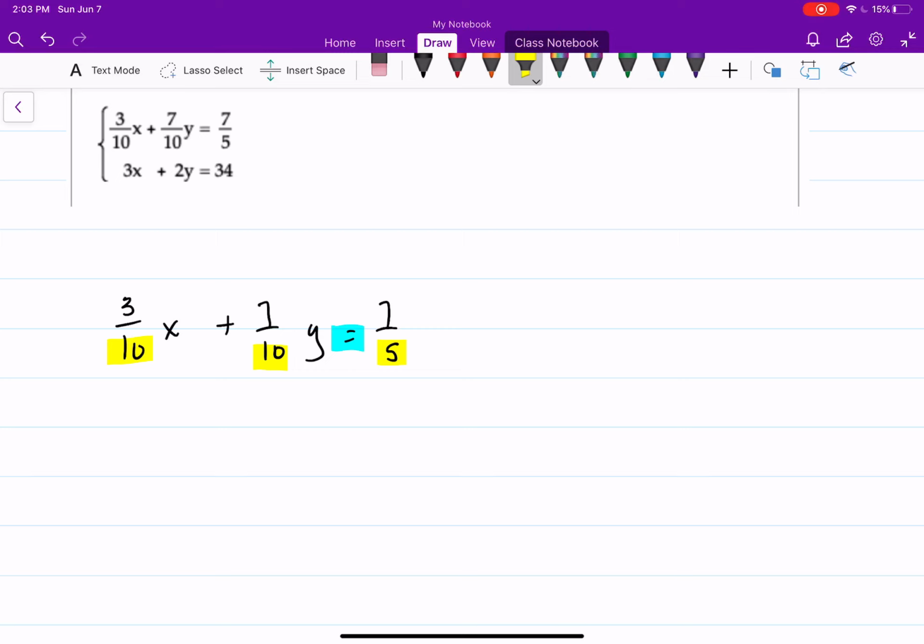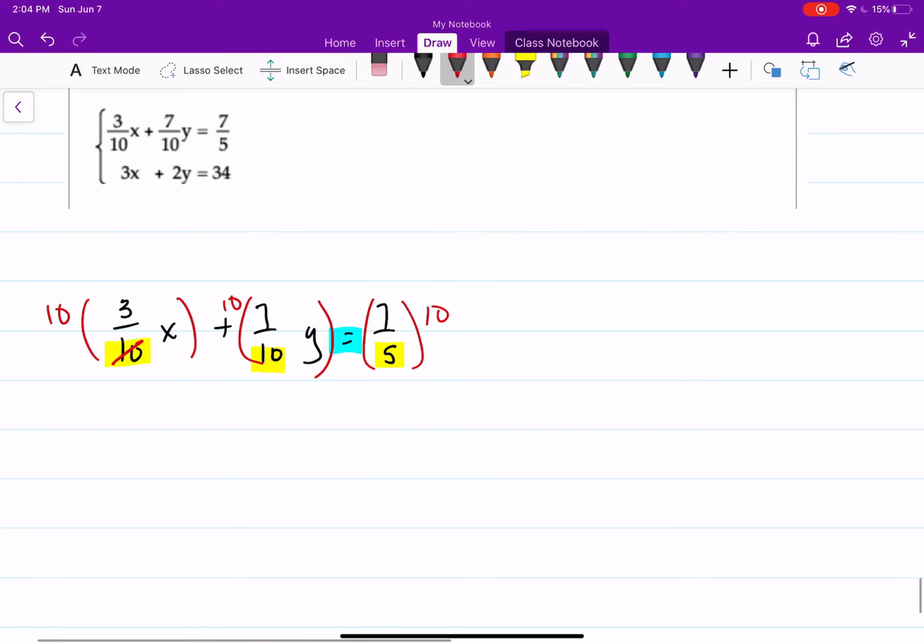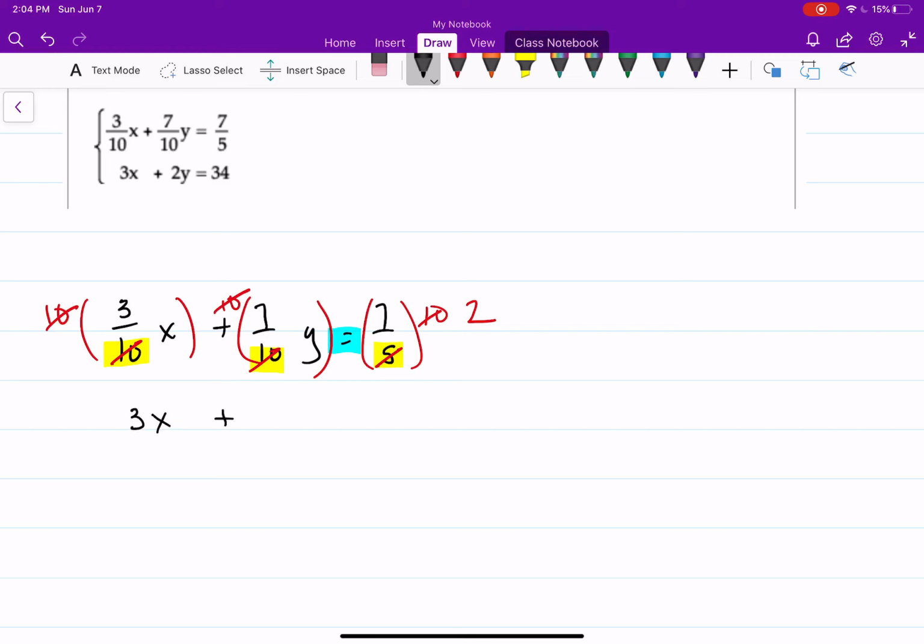My LCD is 10, so I'm going to multiply each term by 10, okay? When I multiply each term by 10, the 10 cancels out, the 10 cancels out, and the 5 will reduce this 10 to 2. So now my equation is 3x plus 7y is equal to 14. Look, boom. I got rid of all the fractions.